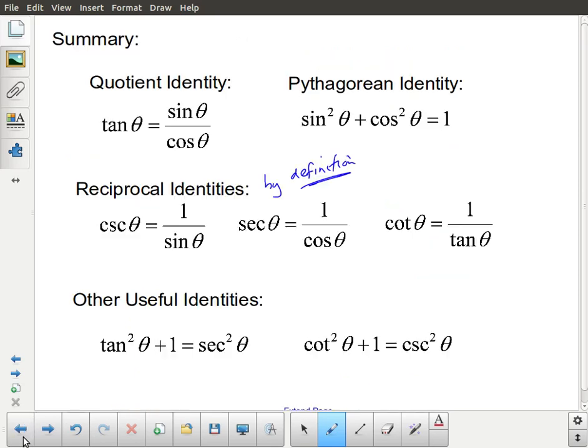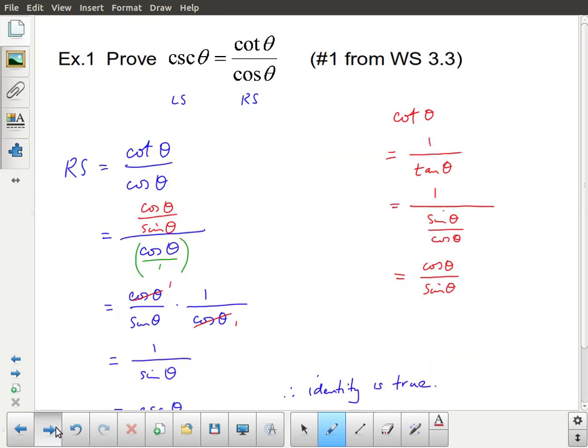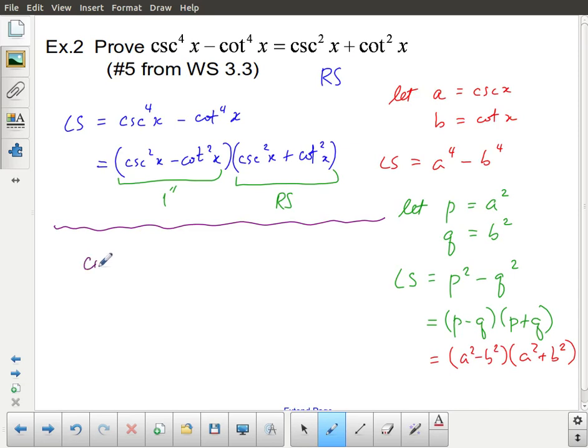So I'll go back to here. Here is an identity that involves cotangent and cosecant. I'm just going to rewrite it for you here. Cotangent squared theta plus 1 is equal to cosecant squared theta.